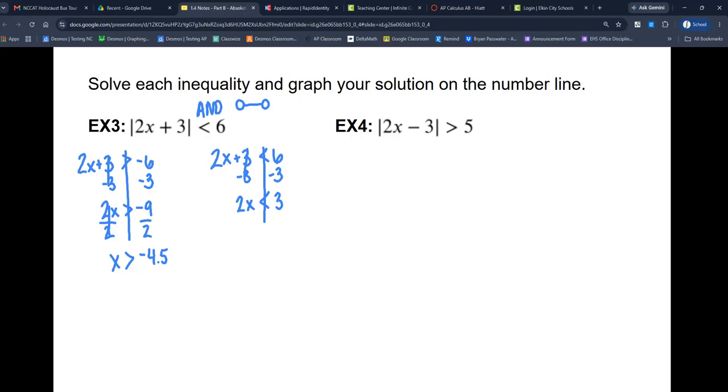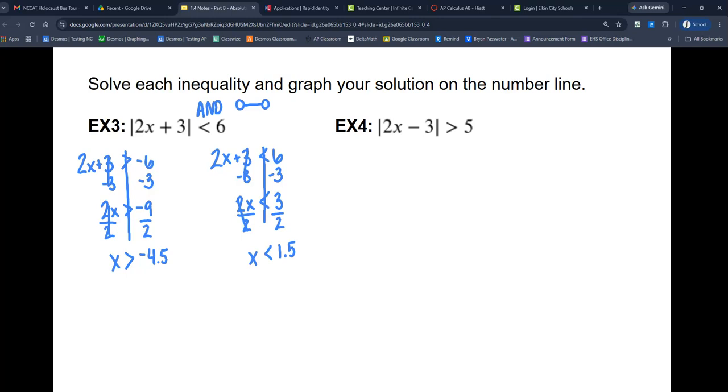What are we going to do with that 2? Not subtract. Divide. Good. Okay, everybody good on that part?